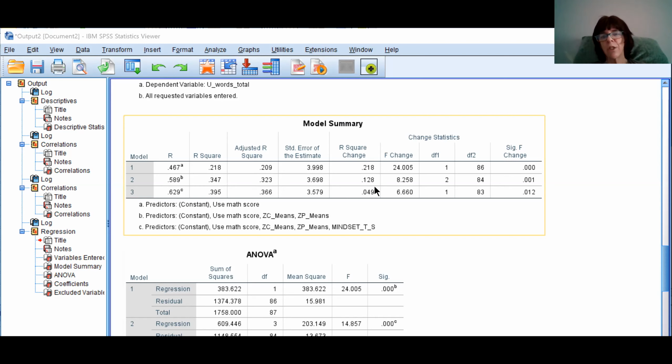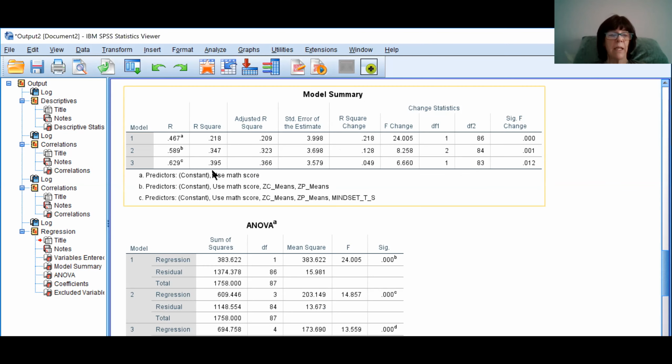And the R-squared change here, once you start adding things in steps, tells you how much additional variance you're getting by adding that. So 13% of the variance in language use is uniquely accounted for by that combination of variables, and that is statistically significant.